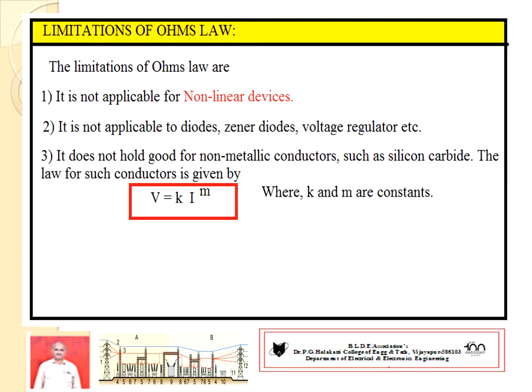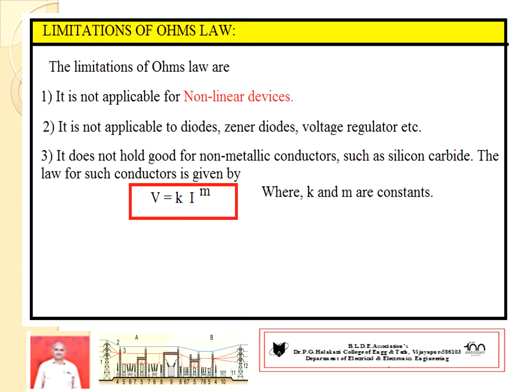After the statement and explanation, if a question is also asked to mention the limitations of Ohm's law, this part is also very important. It may carry again 2 marks. The limitations of Ohm's law are: number 1, it is not applicable for non-linear circuits. It is only applicable for linear devices. Number 2, it is also not applicable for non-linear devices such as diodes, Zener diodes and voltage regulators of electronic circuits.